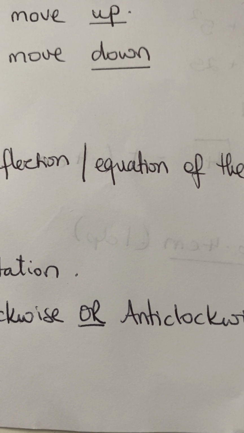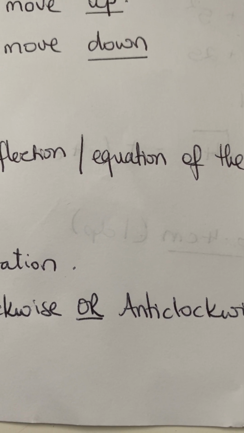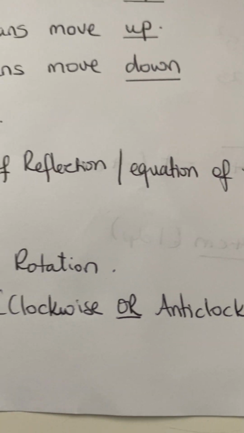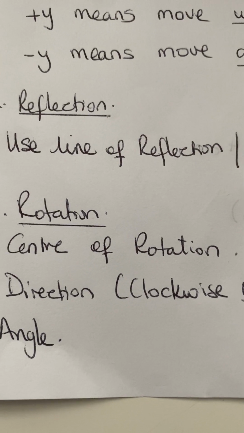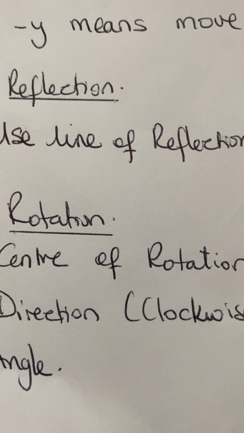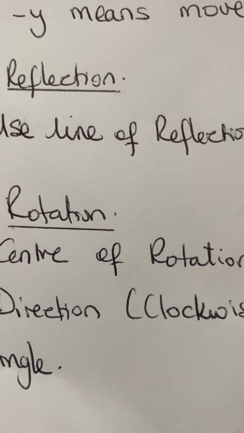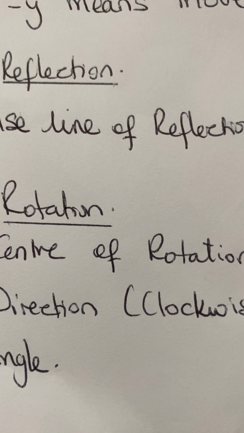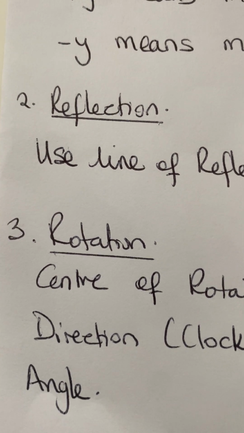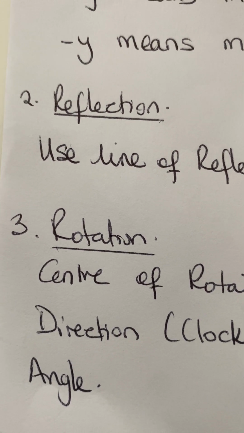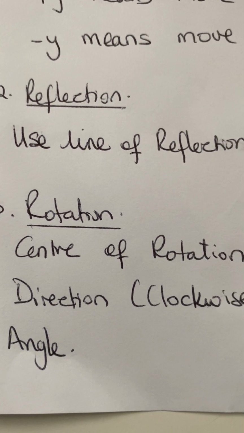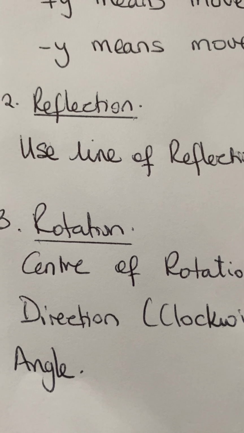With rotation, they can ask you to do the clockwise rotation or anti-clockwise rotation around an angle, maybe 45 degrees, 90 degrees, 180 degrees, 270 degrees. Okay, I showed you how to do that. I used a graph paper and showed you how to do that. You can always go back and refer.